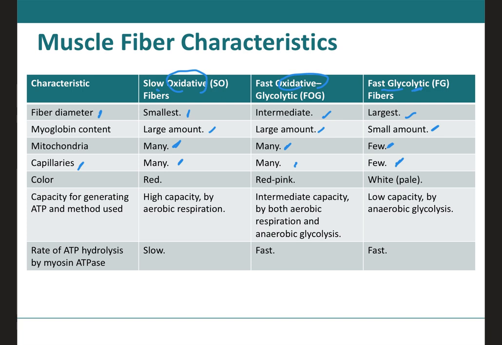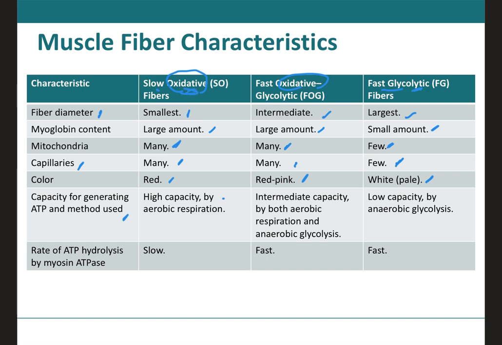So for slow oxidative, it's going to be very red. For the fast oxidative glycolytic, it's going to be red pinkish. But the fast glycolytic, because it has less blood circulating, because there are fewer capillaries, looks a little bit more pale.